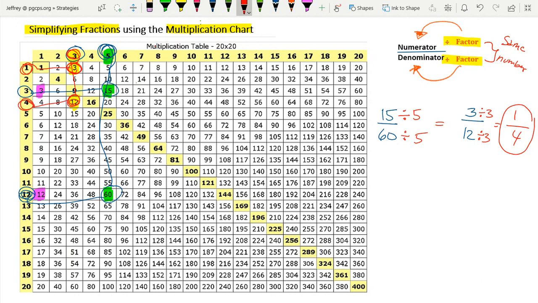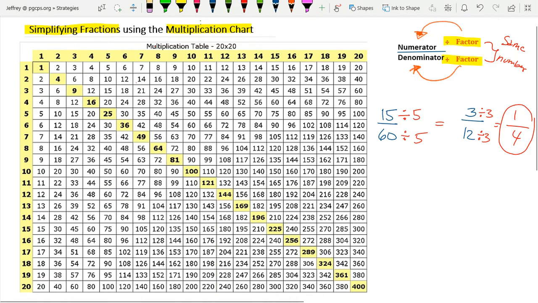But can I just divide it using another factor? Yes, you can. Now, let's look for other numbers or other columns or rows that have 15 and 60 on it. I see here 15, and I also see 60. It's under 15. So this is the greatest common factor, which is 15.